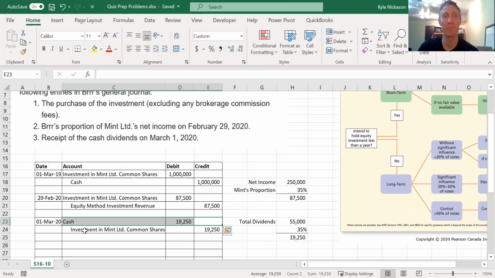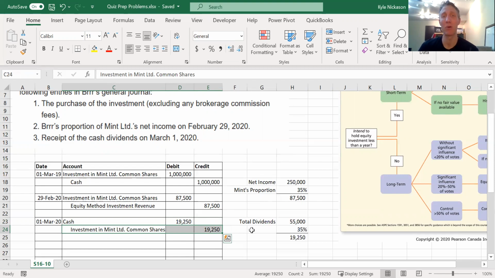But let's think about why we're lowering this investment in common shares account, why we're lowering this asset account. Well, we're increasing our assets, we're increasing cash, we're decreasing this investment, so overall assets are unchanged.